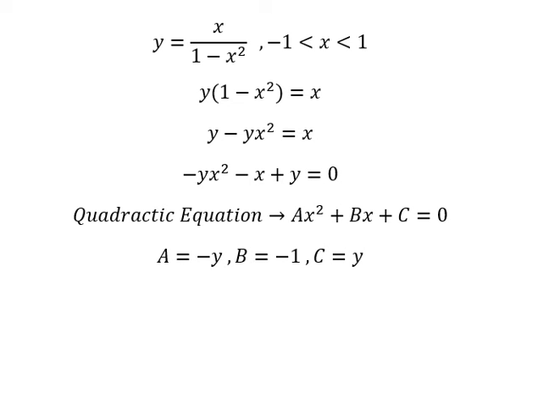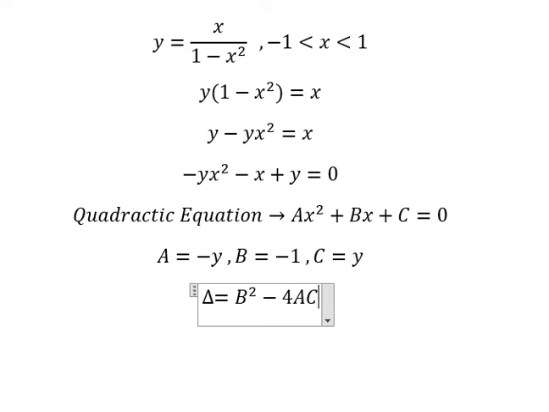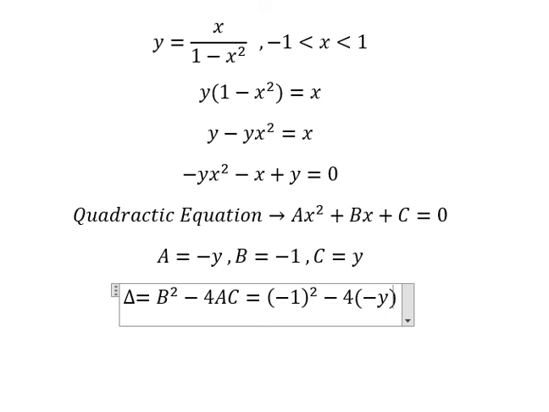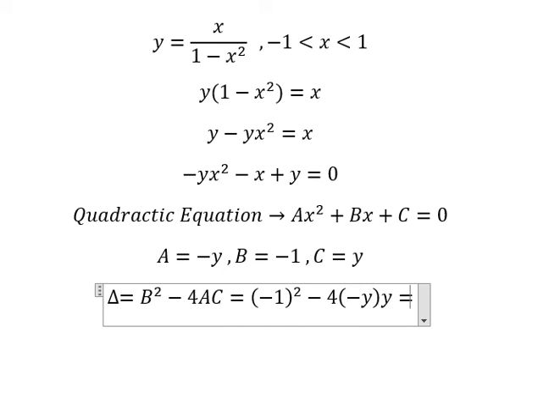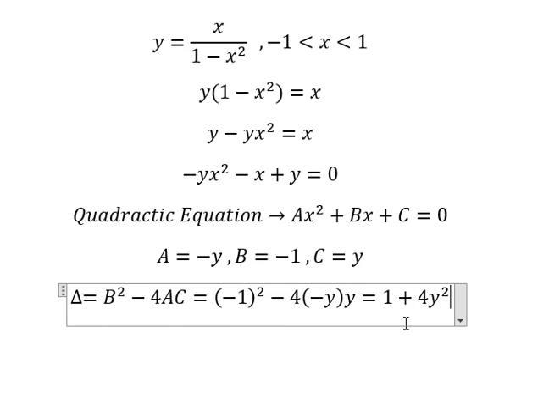So we have delta equals b squared minus 4ac. So we put negative 1 here, a we have negative y and positive y. So this one we have 1 plus 4y squared.